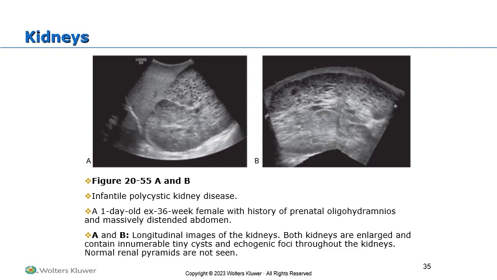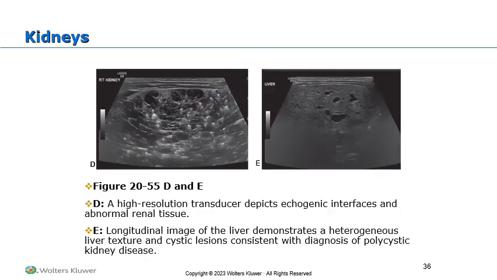So this is a 1-day-old infant that had a 36-week gestation and oligohydramnios, as we would expect, a massively distended abdomen, assuming their lungs probably are not in great shape either. So this little infant has a lot ahead of them.